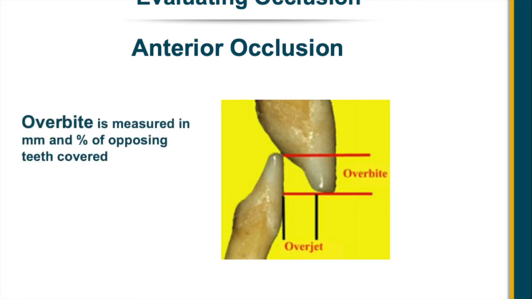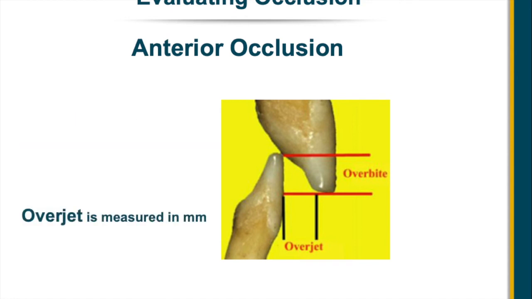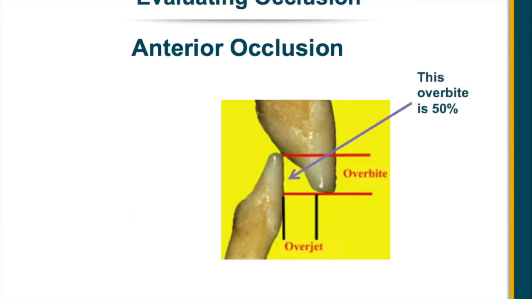Overbite is measured in percentages and millimeters, and the overjet can be measured in millimeters because there's no real percentage. It's just millimeters. So in this particular case, the overbite is 50%.